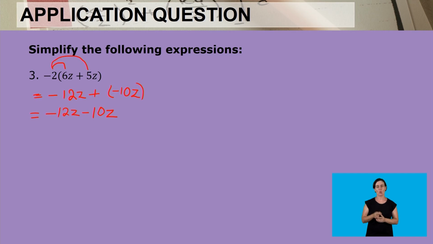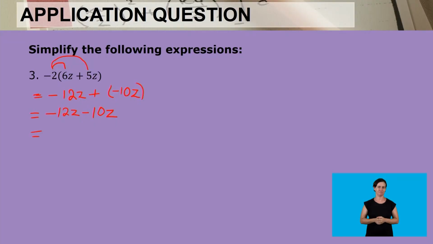No, we are not finished, because when we look at those two terms, they are indeed like terms, which means we need to simplify our expression further. Now, -12 minus 10, do you know what the answer is going to be there? Yes, it is a -22, and we are going to still remain with that variable of a z.